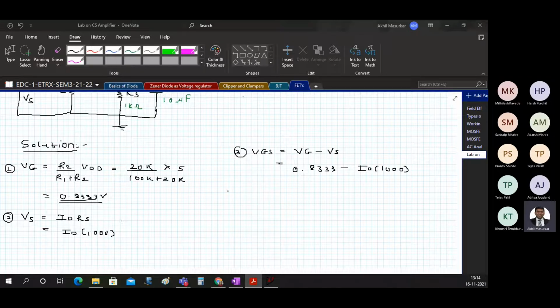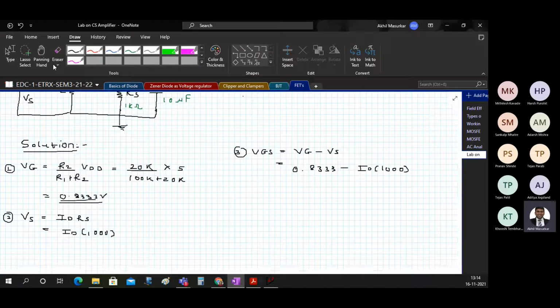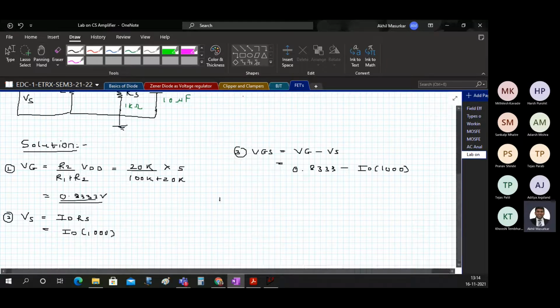So now the formula for ID, let me just write it down here. ID is equal to Kn into VGS minus VTN the whole square. Kn is given to us.